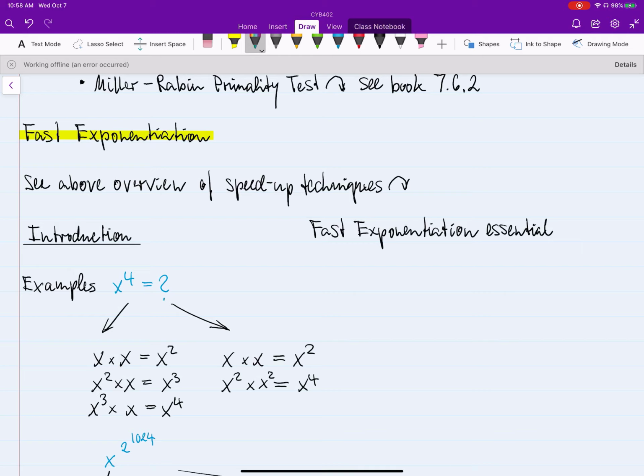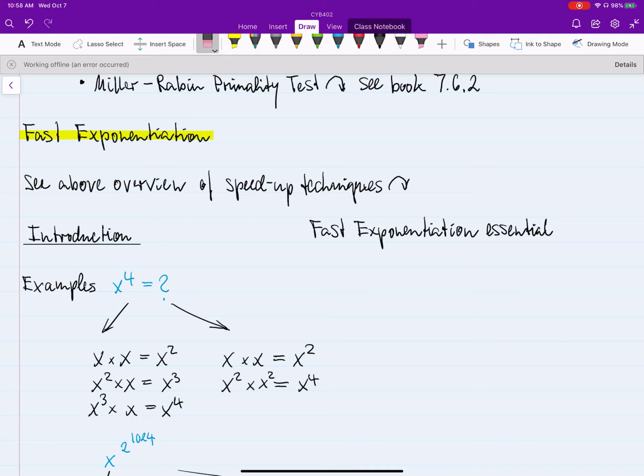So this is slow. And what we are discussing here is a technique called fast exponentiation that reduces the computational load to do exponentiation by a lot. So we are talking from linear runtime to logarithmic runtime, which is considerably smaller compared to linear runtime.